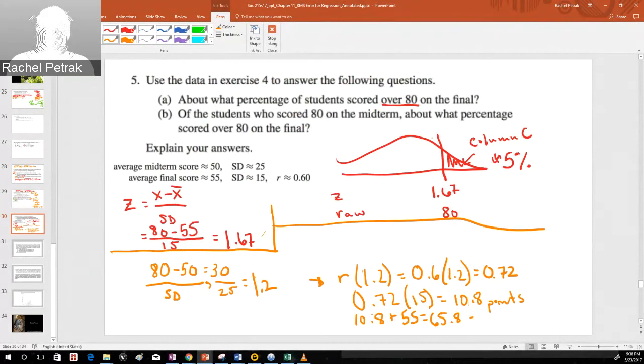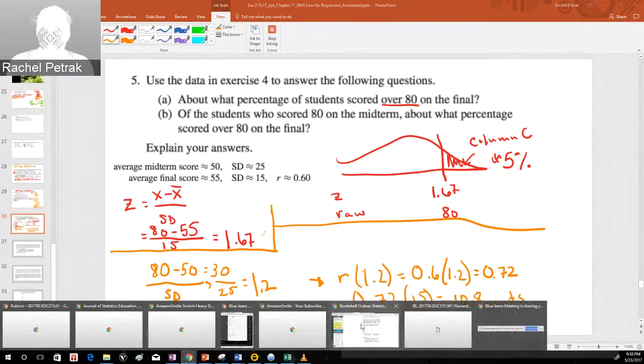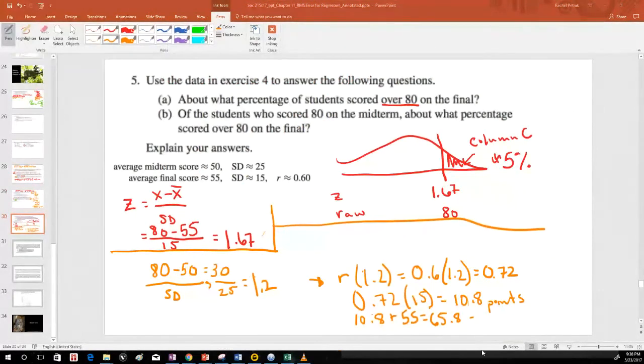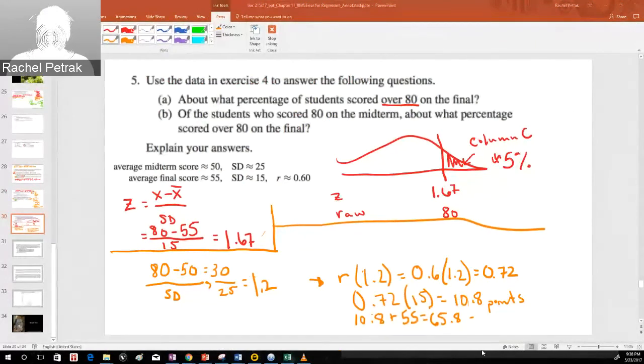Sorry, I don't have the Z table already open here on the computer, but I'm sure somebody out there has their Z table. It's probably approximately 15%, give or take. How did I get that 15% give or take?